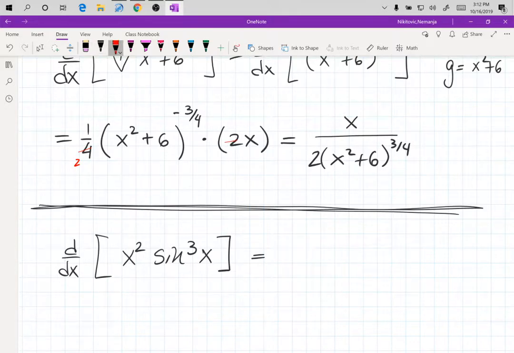So what type of a problem is this? There is a polynomial here, okay.